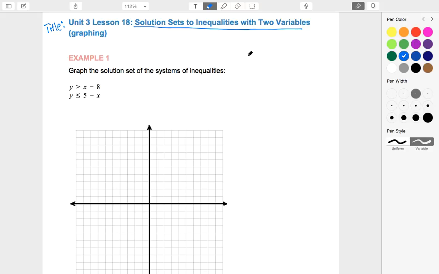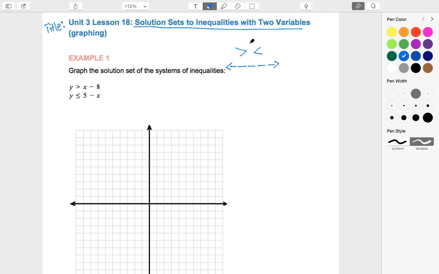Okay, so just as a refresher, I want you all to recall that when we see the symbols greater than or less than, when we're drawing the inequalities, think of it as a boundary. In this case, the boundary line would look like a dashed line.